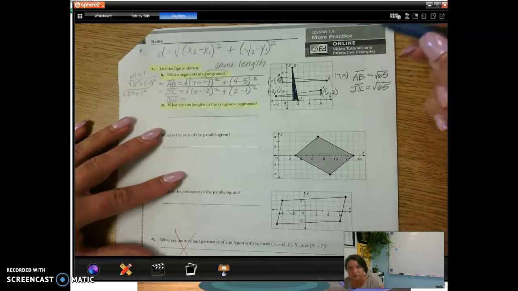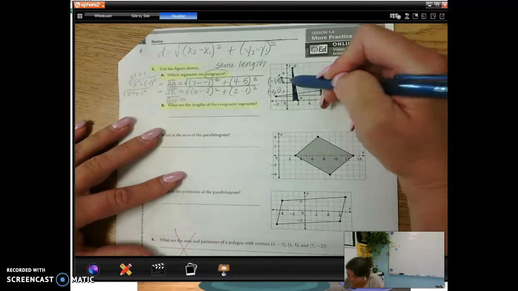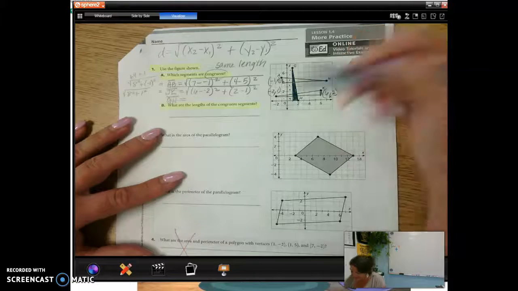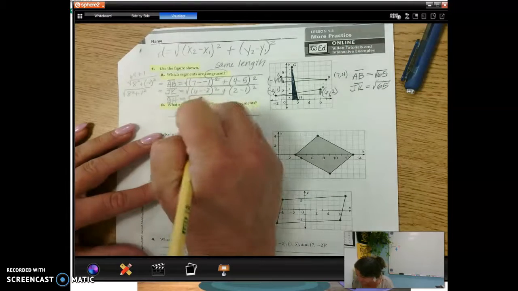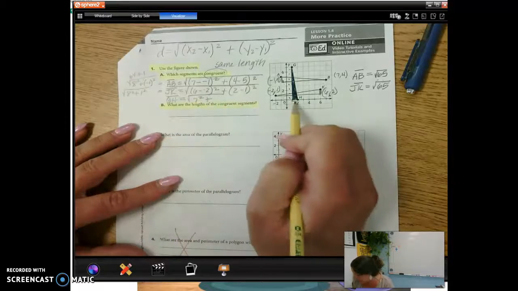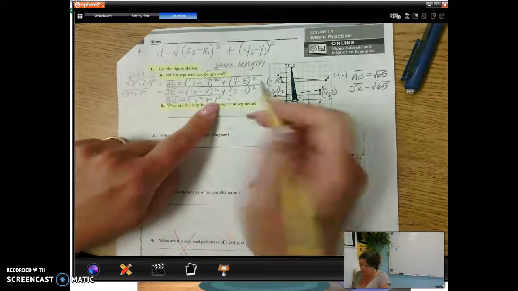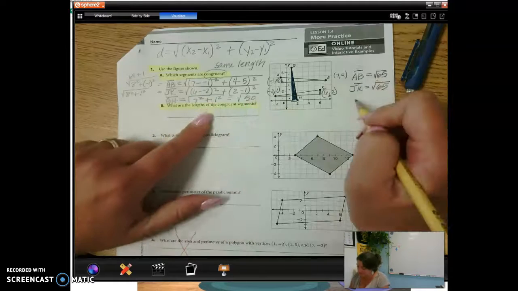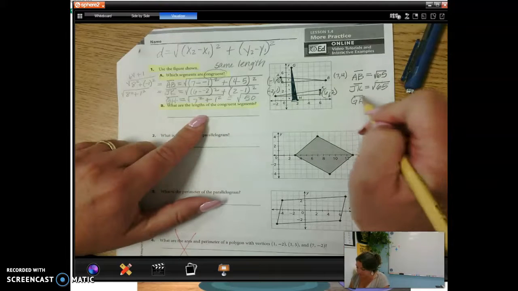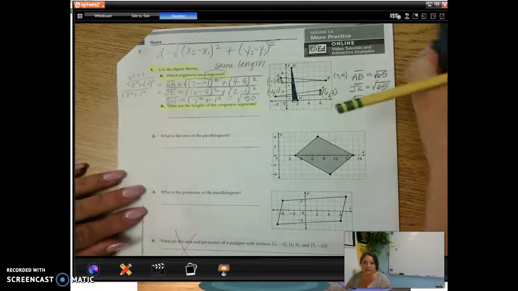How tall is this triangle? 1, 2, 3, 4, 5, 6, 7. So my triangle is 7 squared plus 1 wide. 7 squared is 49. 1 squared is 1. And so that's the square root of 50. So that's a totally different answer.